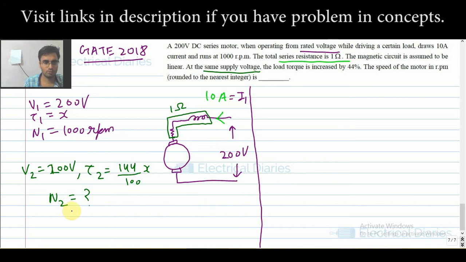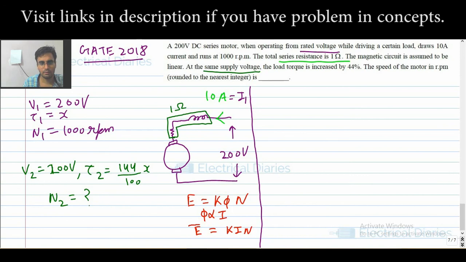One thing I am very sure of: if you are finding speed, then somewhere you need to use the relation E is equal to K phi n, and since it is a DC series motor, phi is directly proportional to I, so E is equal to K I n.